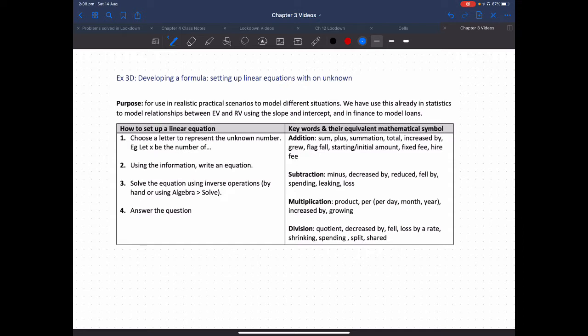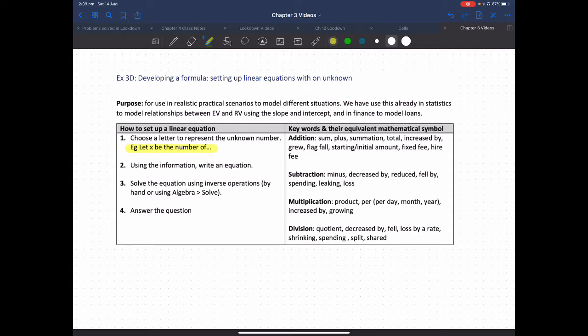So how do you set up a linear equation? The first thing you need to do is define your variable. By defining your variable, you're letting a particular letter represent something. This is an unknown.